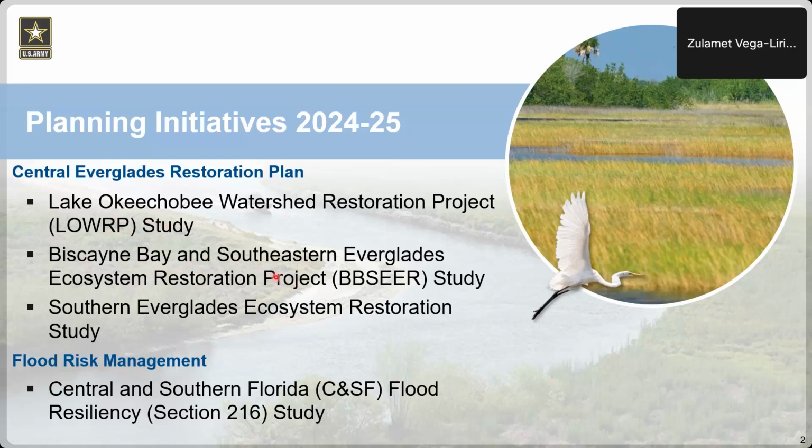Our forthcoming restoration study is the Southern Everglades Feasibility Study. And our active flood risk management study is the Central and Southern Florida Flood Resiliency Study, which is a Section 216 study. We also refer to the Central and Southern Florida as the CNSF.